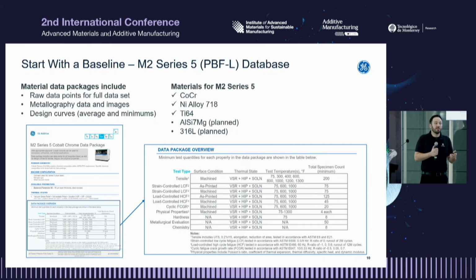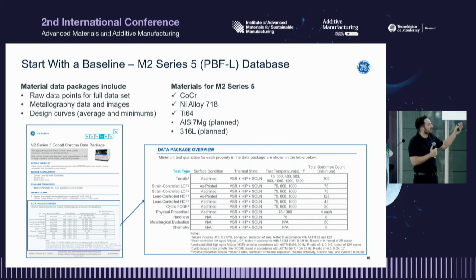But that type of test is the type of test you should be performing to check for those non-standard measures of buy-in. So a robust data set will include tensile, fatigue, some crack growth if you need it, chemistry, microstructure, pretty much anything you see up there is the intent of these types of data sets for buy-in. You need to have something against which to judge your future process or machine health.